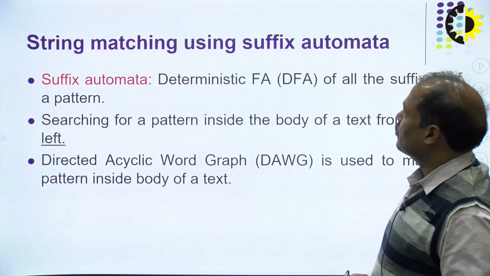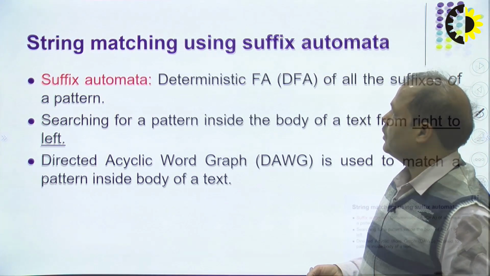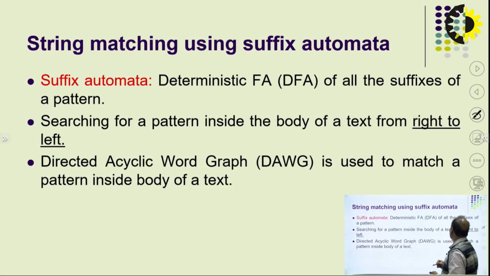So what is suffix automata? It is a deterministic finite automata of all the suffixes of a pattern. Same thing we talked about again: we have to design DFAs, and designing a DFA is a very costly affair, because generally for a given pattern we do not get a DFA directly.